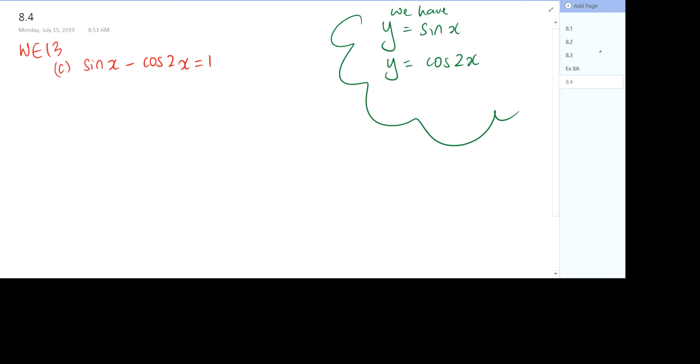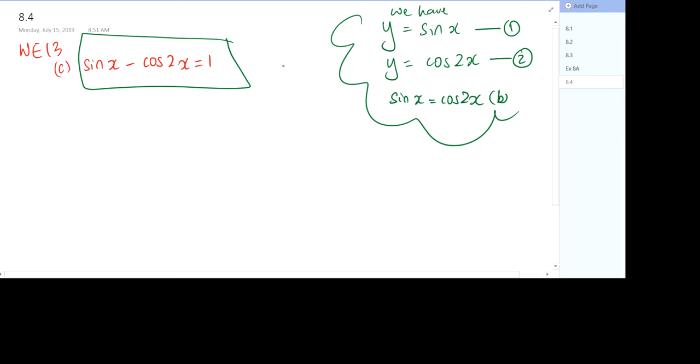If I were to solve equation 1 and equation 2 simultaneously, I will get sine x equals cosine 2x, which is the question for part B. Now I want to do it such that I can end up at this equation. Or you can look at it the other way: I want to break up this equation into the sine x and the cosine 2x portions. So this is the approach.